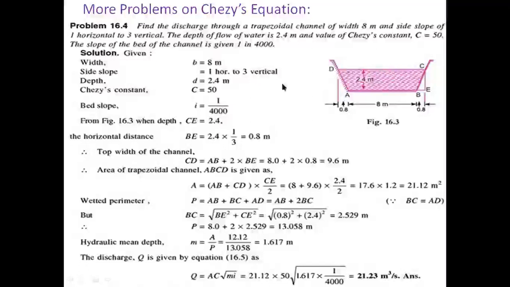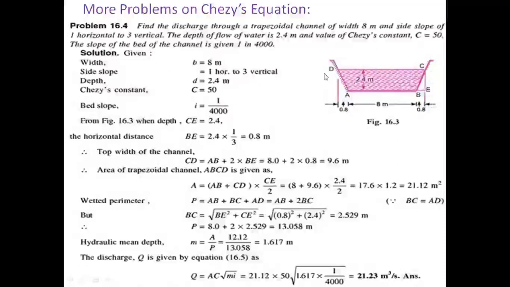Now find the area of the trapezoidal channel. The area of a trapezoidal channel is the combination of the bottom width AB and the top width CD. Area A equals half of the sum of the bottom width AB and the top width CD, into the side width CE.